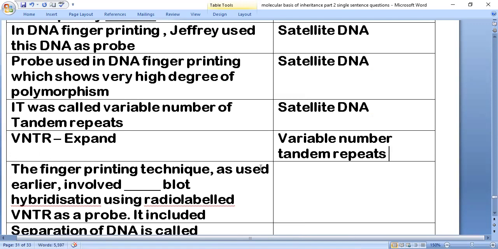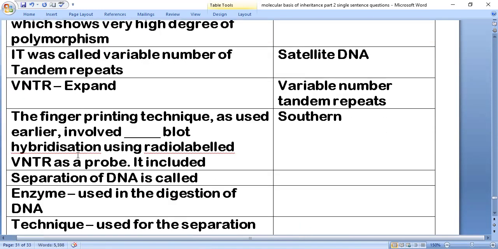The fingerprinting technique used earlier involved the Southern blot hybridization technique, using radiolabeled VNTR as a probe. It included isolation of DNA.